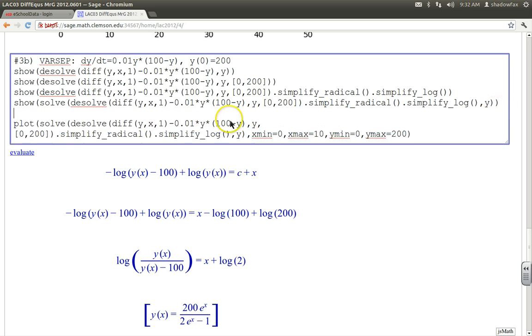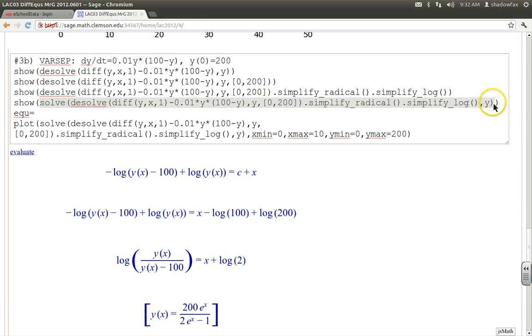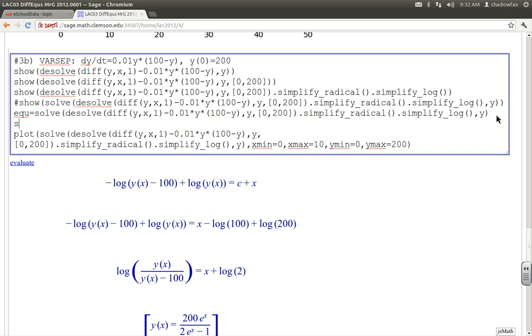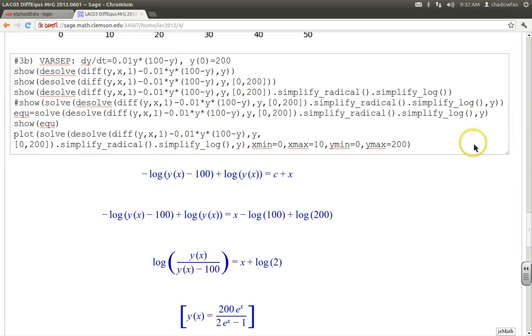What I want to solve, let's say I call the equation I want to graph, okay, is this. Right? All right, now, let me get rid of this for a second. What if I show that? Do I get the same solution? Show equation. It's the same thing.